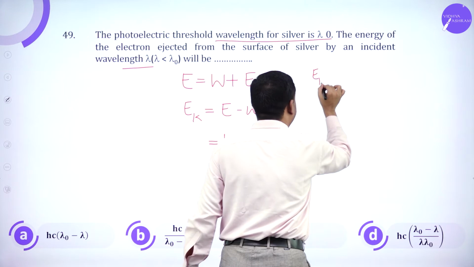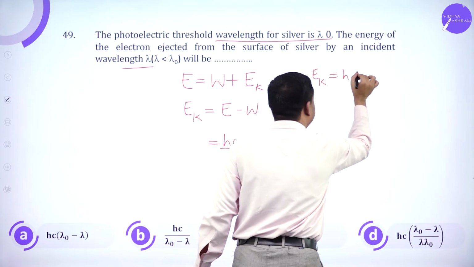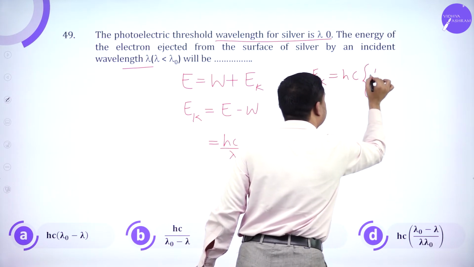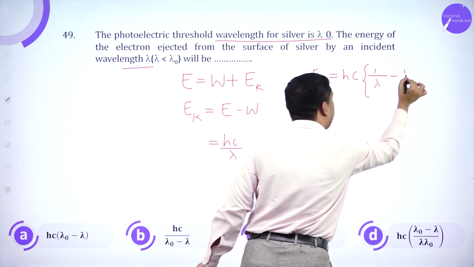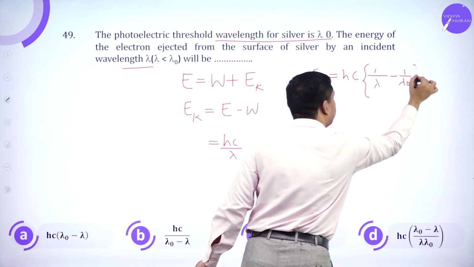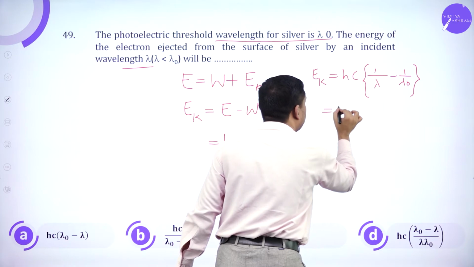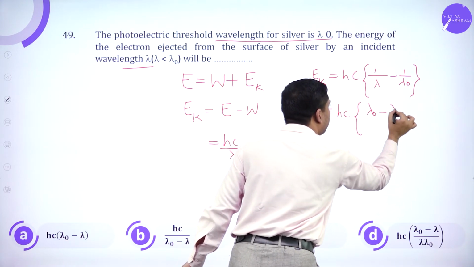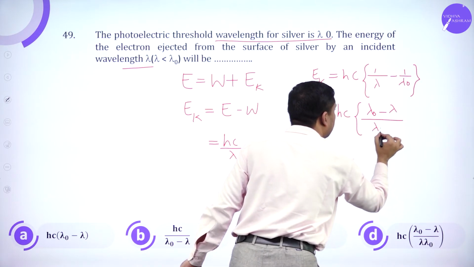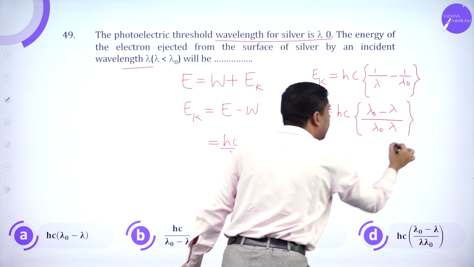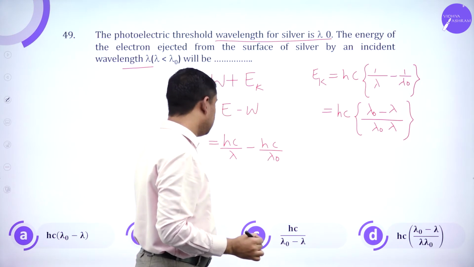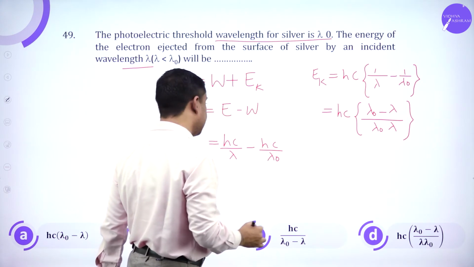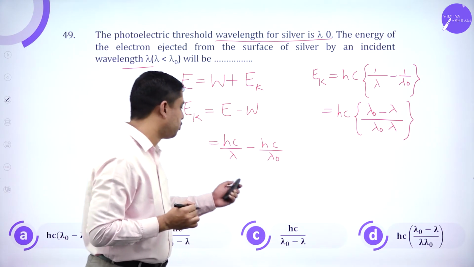So kinetic energy is hc, common in the numerator, 1 by lambda minus 1 by lambda naught. Or when you simplify, lambda naught minus lambda over lambda naught into lambda. So the answer has to be the fourth option.